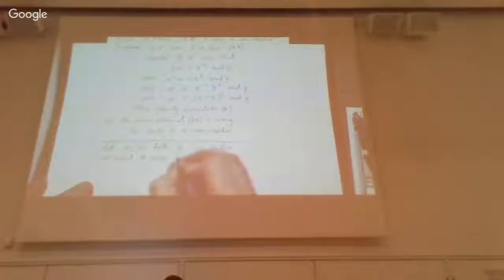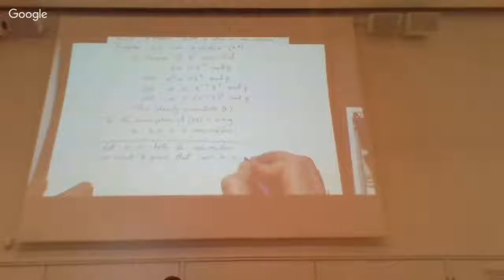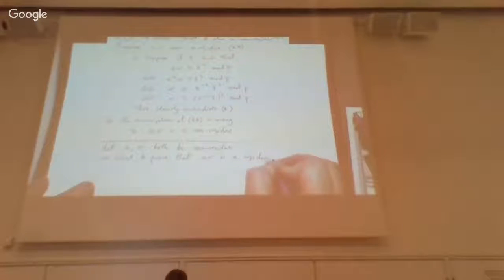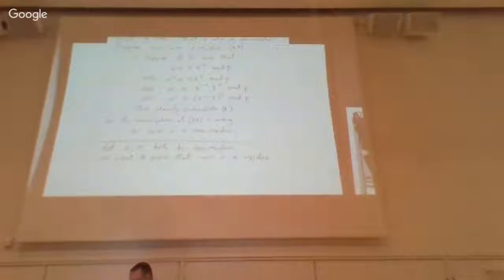We want to prove that UV is a residue. We want to prove that U times V is the square of something.